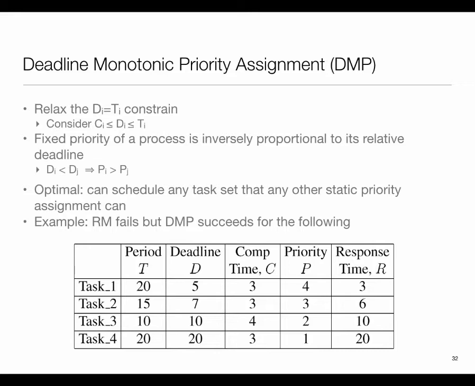And the two, needless to say, may differ. For example, I have a task set out here where you see the periods are 20, 15, 10, 20, but the deadlines, for example, task 2 has a period of 15 but a deadline of 7. So period of 15 would suggest it should get the higher priority, but deadline of 7 suggests that task 1 should get the higher priority.